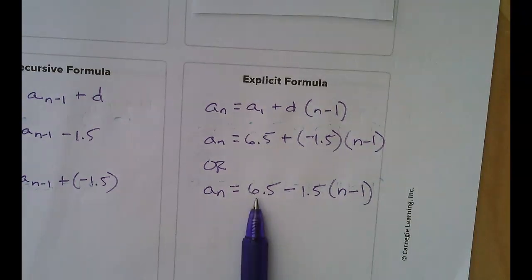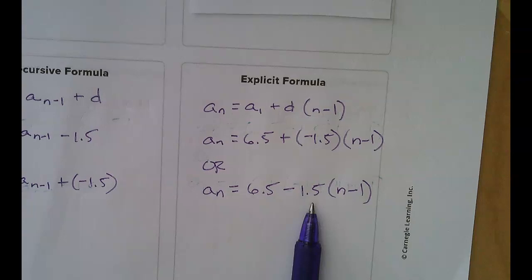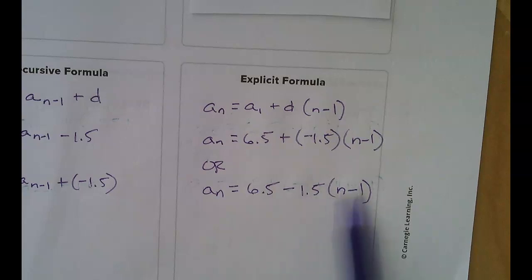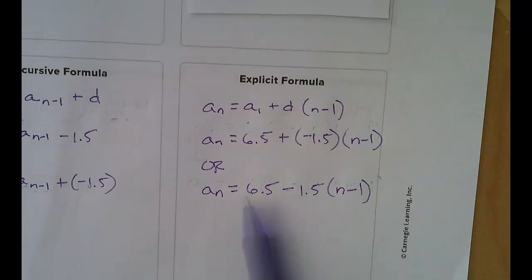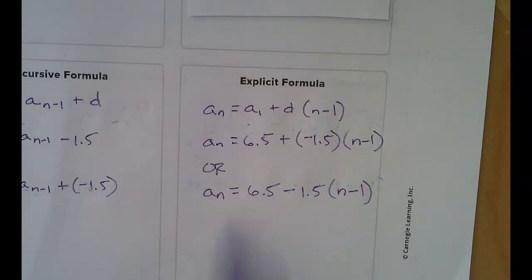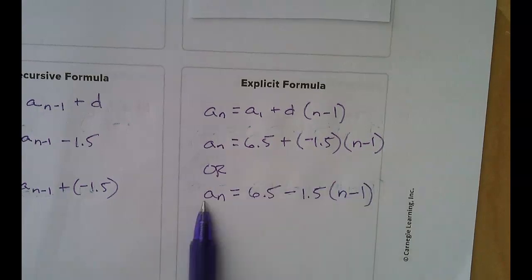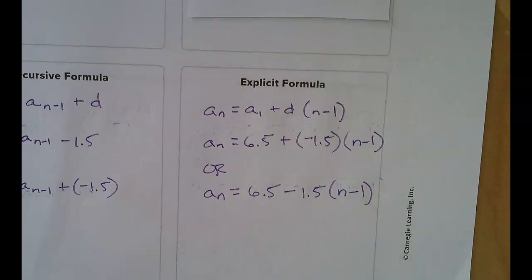Don't be tempted to combine these terms together and do 6.5 minus 1.5 and simplify them to 5. That's not allowed because order of operations says we have to multiply that negative 1.5 times the n minus 1 before we combine like terms with that 6.5. So the way it's written now is correct without any simplifying.